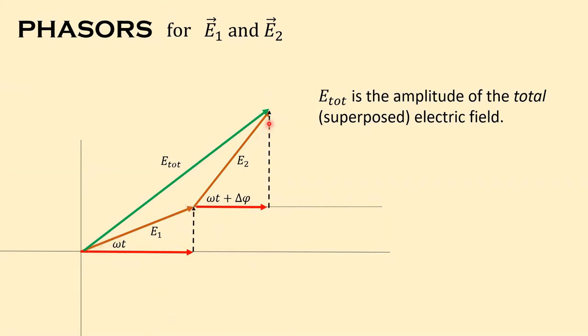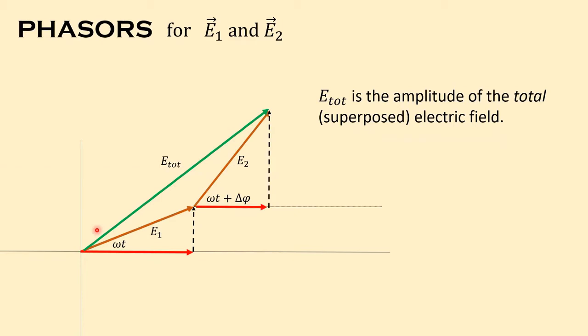That's why we've placed the phasors tip to tail. So close the triangle, so to speak. This vector, which I'm going to call a phasor, is the phasor for the total electric field. So there's three phasors here. There's the phasor that represents electric field 1. There's the phasor that represents electric field 2. That's from the second slit. And then there's this third phasor that represents the total electric field. That's really the phasor that we're interested in.